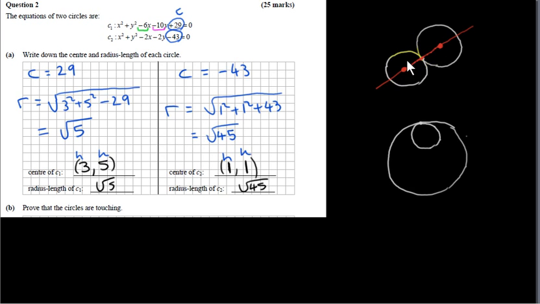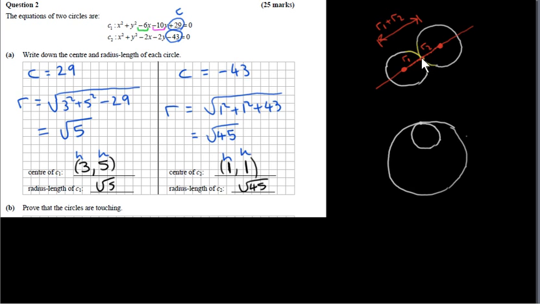Well, the distance between the two centers is actually the sum of the radii. So if the radius of this first circle is r1 and the radius of the second circle is r2, then the distance between the centers will be r1 plus r2. So that will be the case if the circles touch externally.